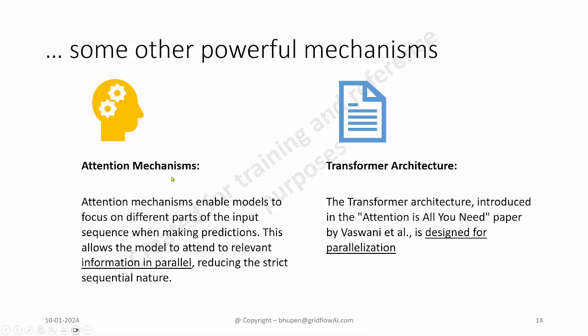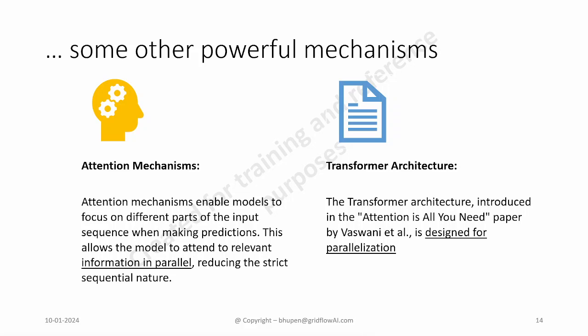This also can be implemented in a parallel manner. Attention is a very popular mechanism in modern transformer architectures. In fact, the transformer architecture is designed to be parallel. So finally, in the journey of models for sequence processing, we will talk about transformer and BERT, and we'll see how things are processed in parallel.